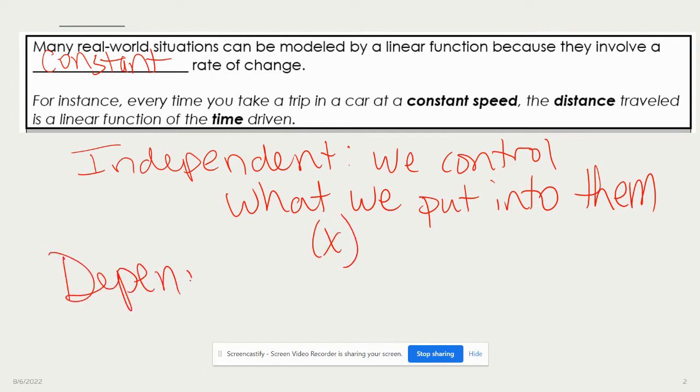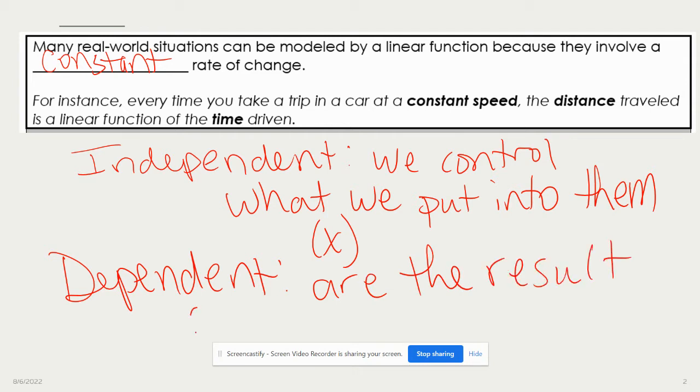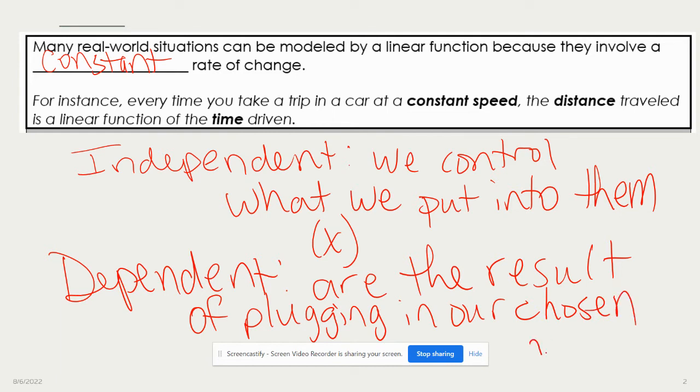And dependent variables are the result of plugging in our chosen value. So the answer is another way to say that. The answer depends on what we put in. This is typically going to be y.